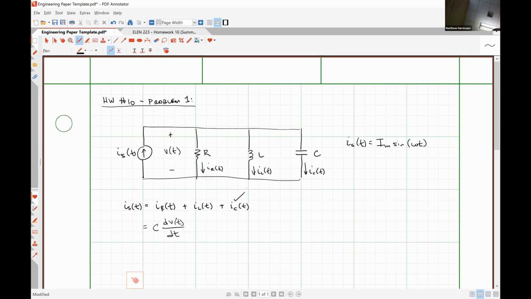How would we do it for the resistor or the inductor? The inductor would be the integral of the voltage, right?